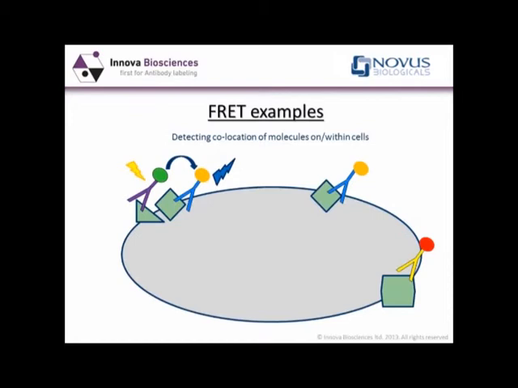In another example, you can actually use FRET for detecting the co-location of molecules on or within cells. This again is a very common application for FRET. In this cartoon we have a diamond-shaped cell surface molecule which has been detected with this antibody. We have a triangular-shaped cell surface molecule and a square-shaped cell surface molecule. And you can see quite clearly that the diamond and the triangle interact quite closely at the cell surface.